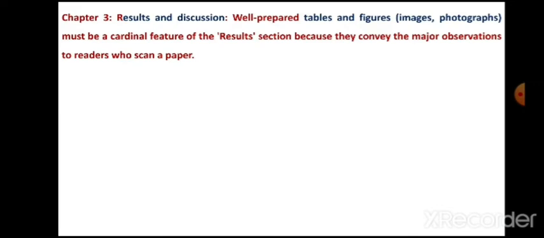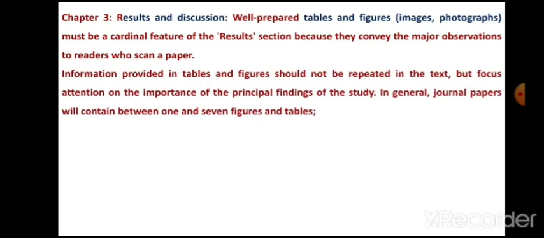The quality of your dissertation work, what depth you have carried out in that particular investigation, the reader may get an idea of that on the basis of figures, tables and images. The information provided in tables and figures should not be repeated in the text.